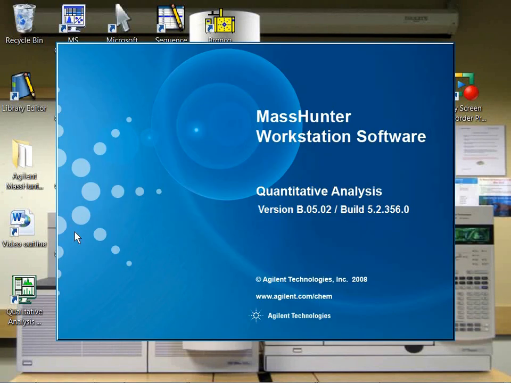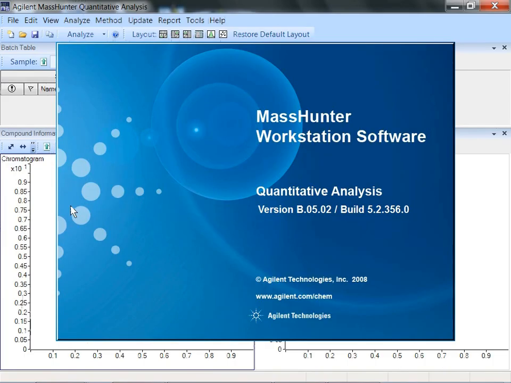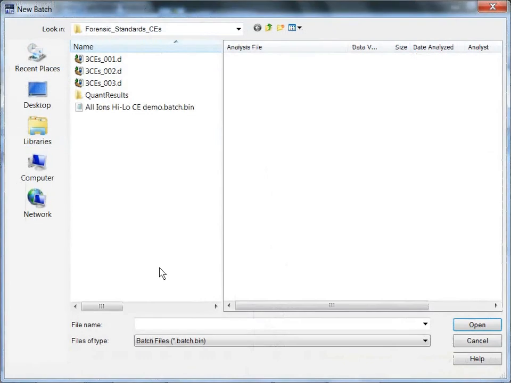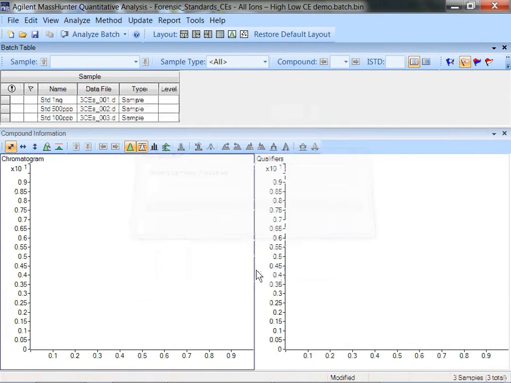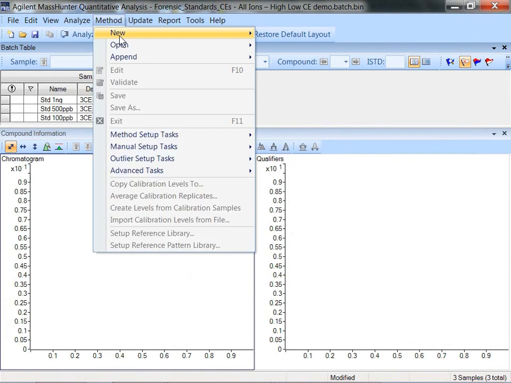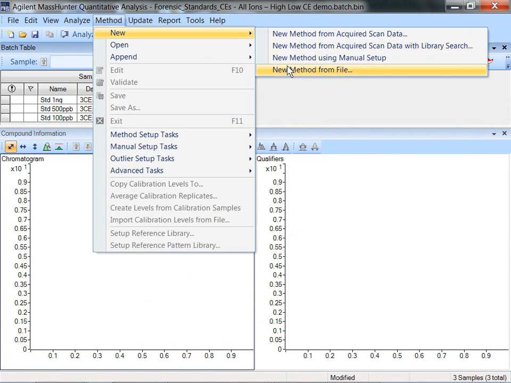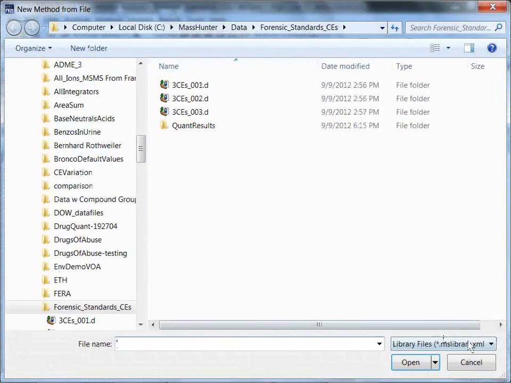All right, let's start this up from scratch for the demo, and I'm going to create a new batch, which I'll call All Ions, and then I'll add the samples. Next, the important step, I'm going to read in the information from Qual, which is stored in the form of what is called a CEF file.